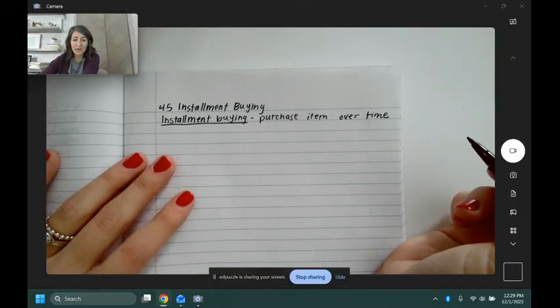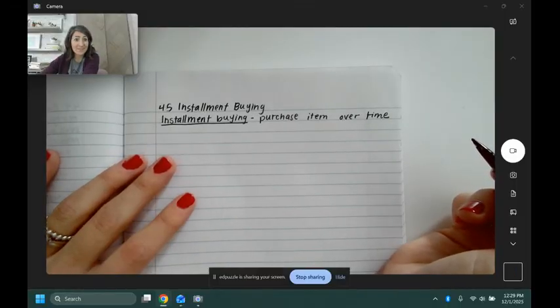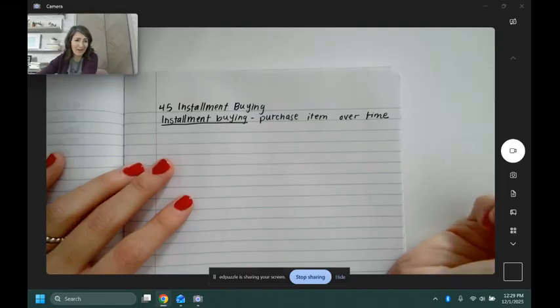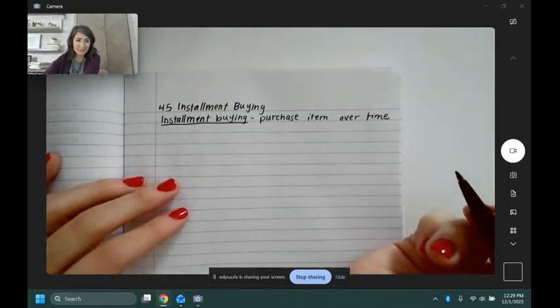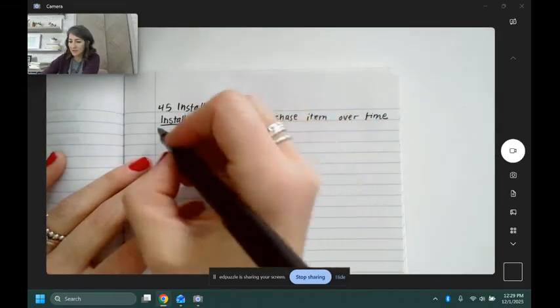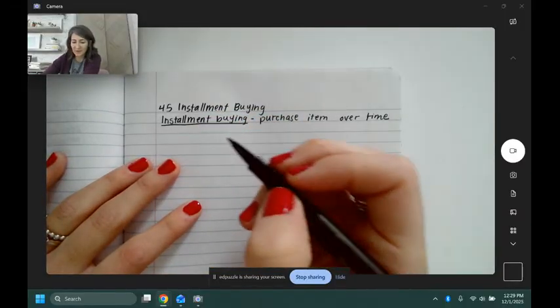Sometimes they have a lot of incentives like buy now for 0% financing, or holiday deals like that.